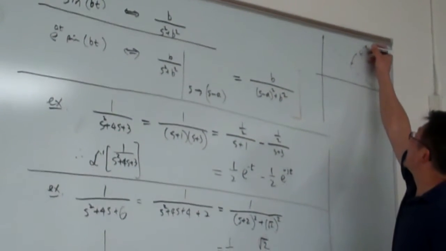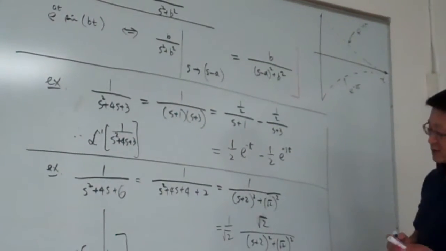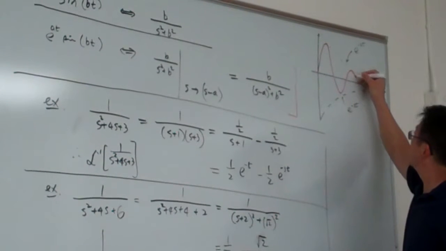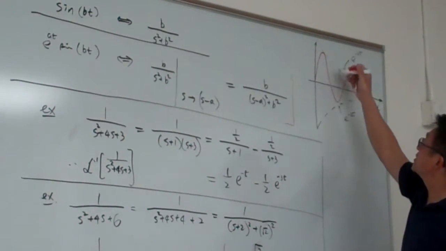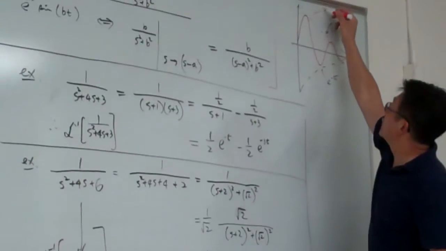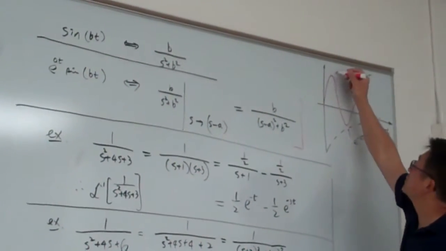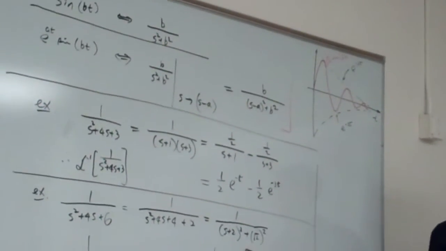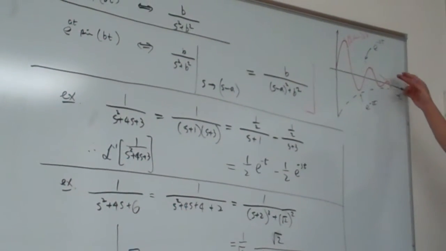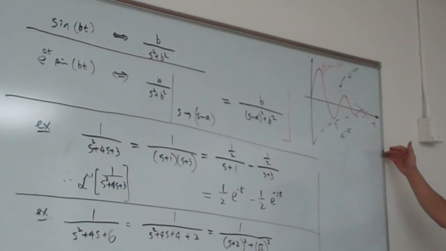This profile is e^(-2t). This is the oscillation of the sine, sine of square root of 2 times t, multiplied by whatever the coefficient is here. So this system is oscillating, but the oscillation is also decaying, defined by this profile. So this system will eventually converge to 0.